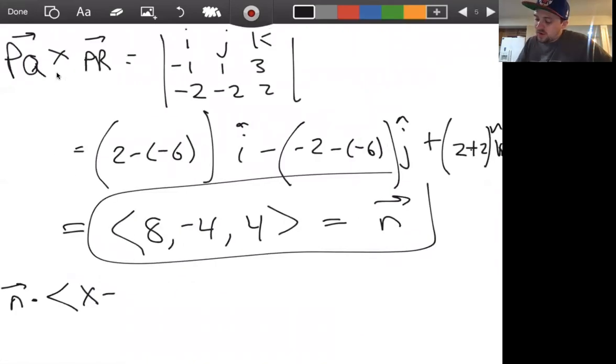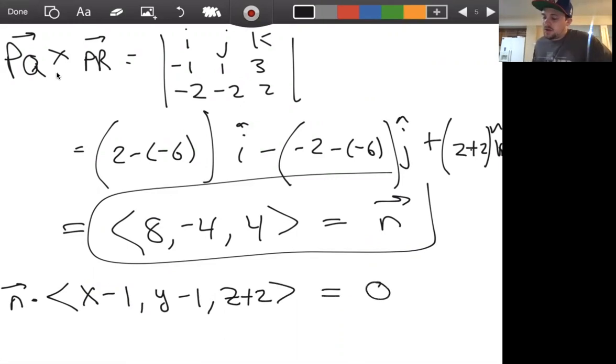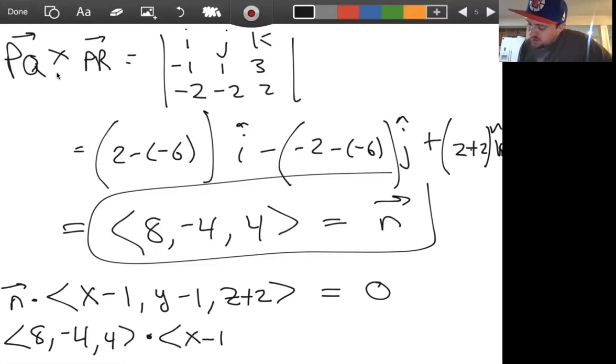So that's going to be our normal vector dot the vector x minus 1, y minus 1, z plus 2. And this should be 0 because we want these to be orthogonal. And so this then becomes the dot product 8, -4, 4, dot x minus 1, y minus 1, z plus 2 equals 0.